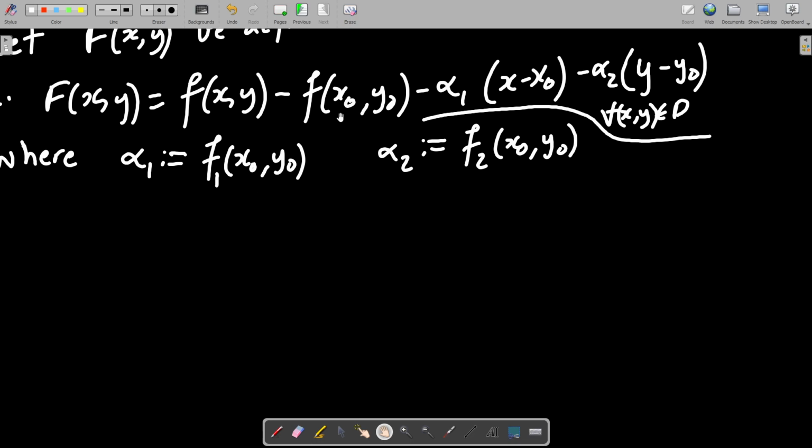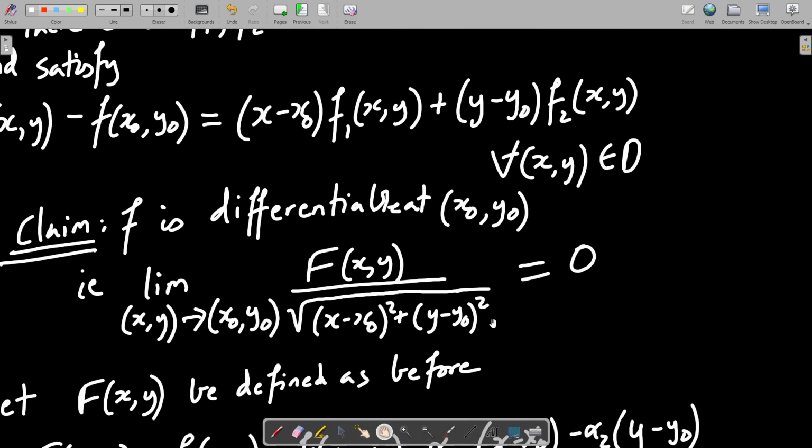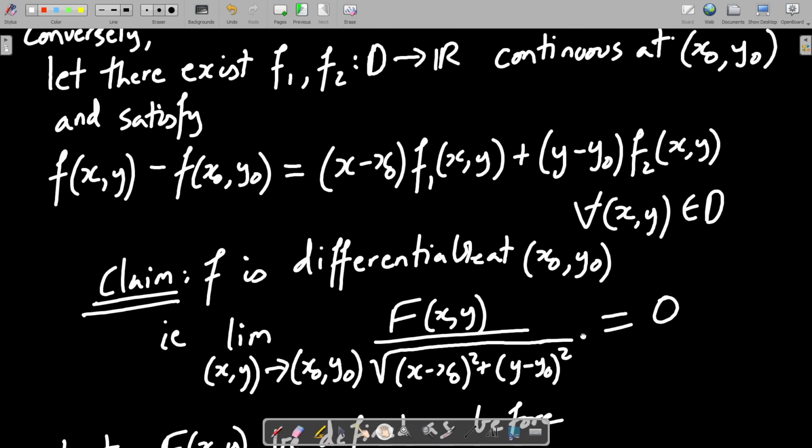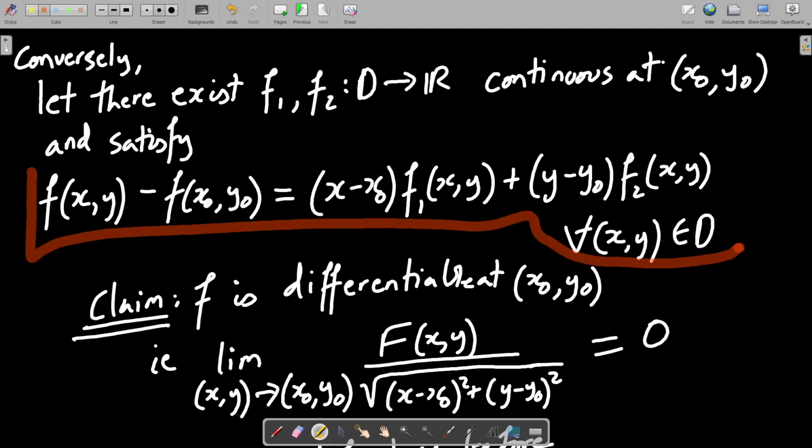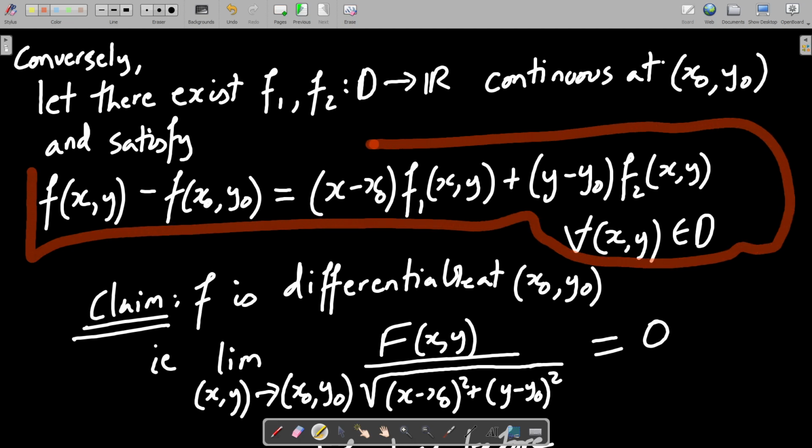We will give a number. 4 I have used already, so let's call this equation number 5.